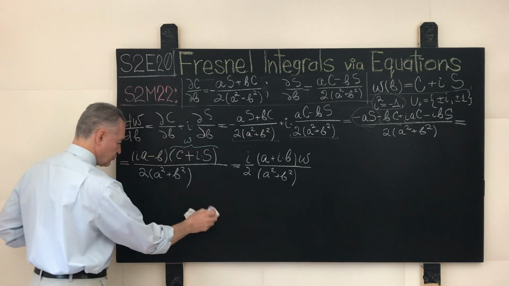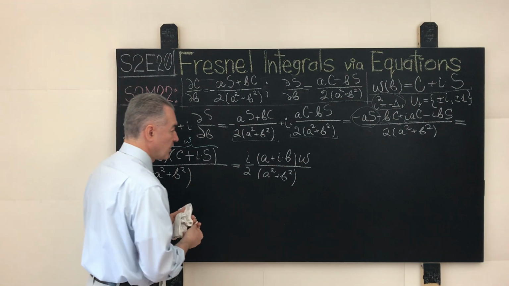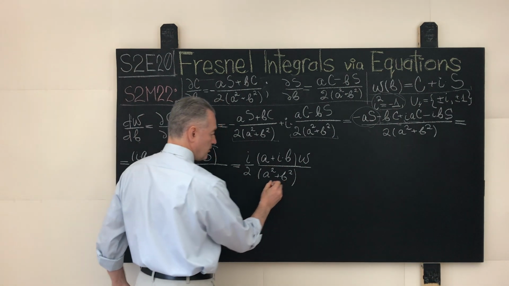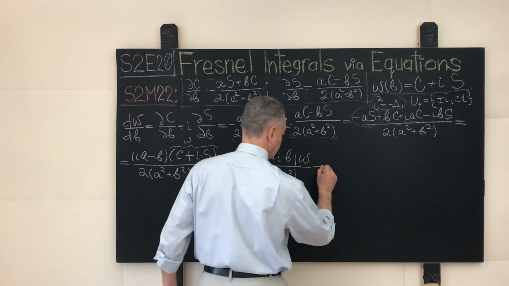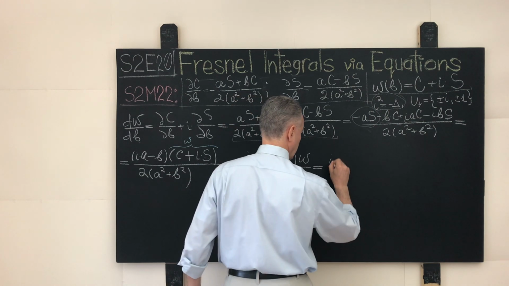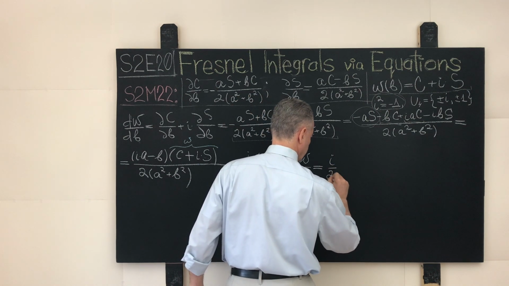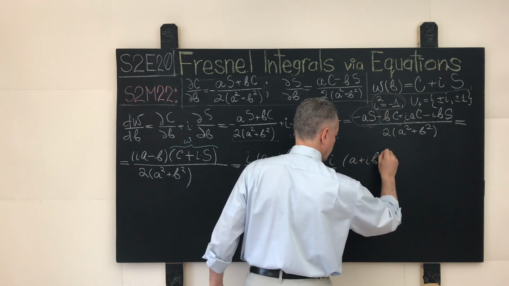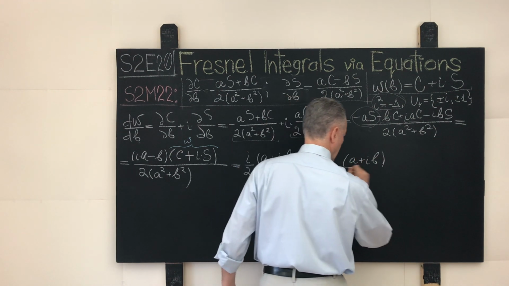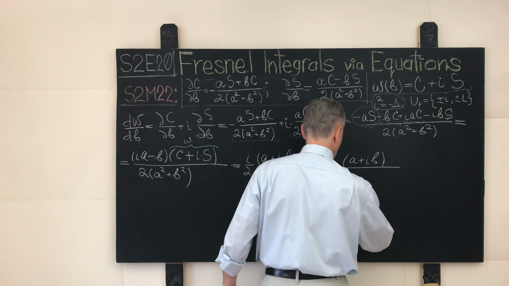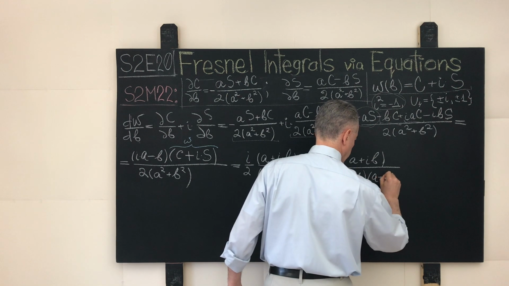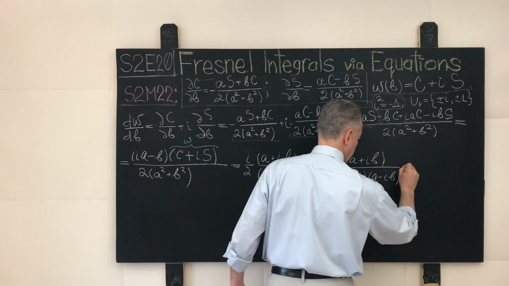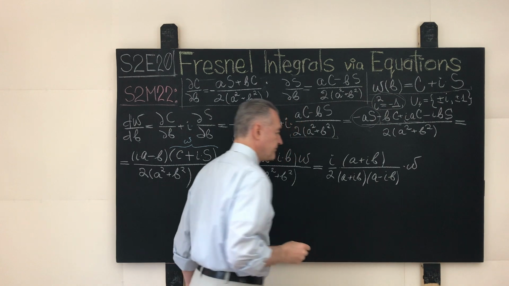Let's write it down here, let's spell it out: i over 2 times a plus ib over a plus ib times a minus ib times w.